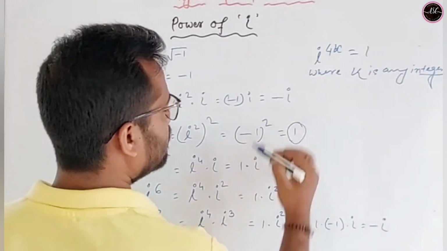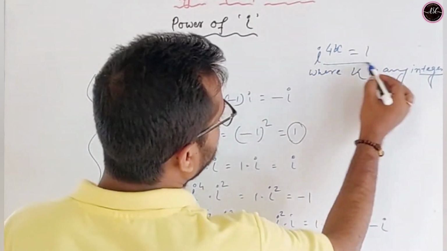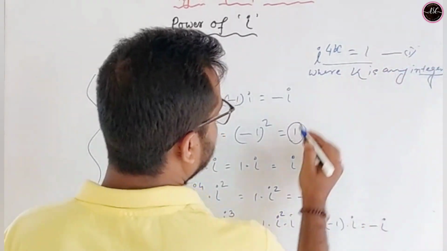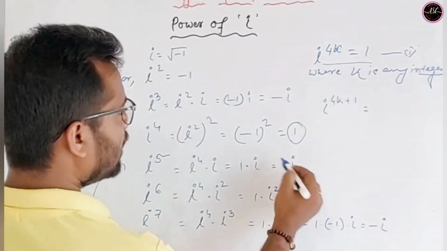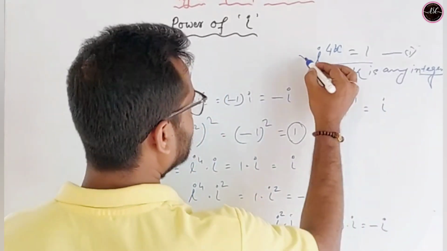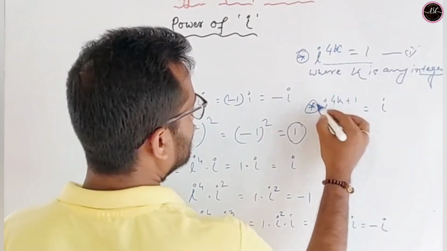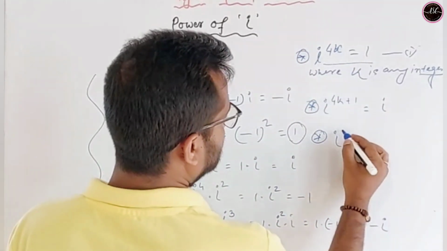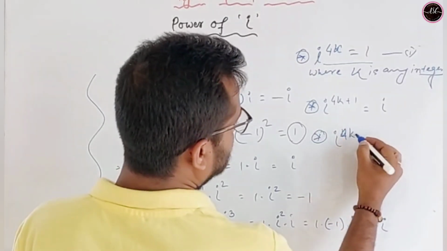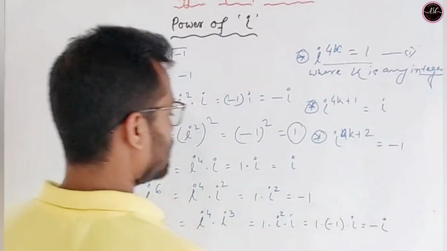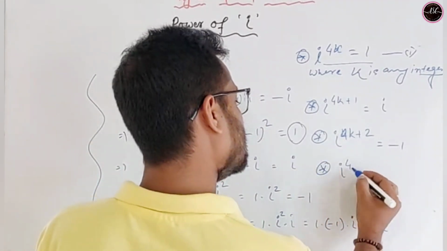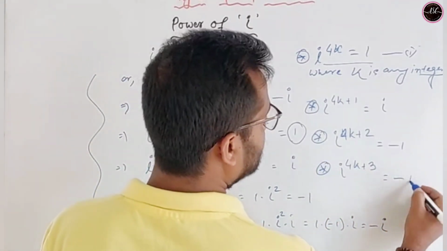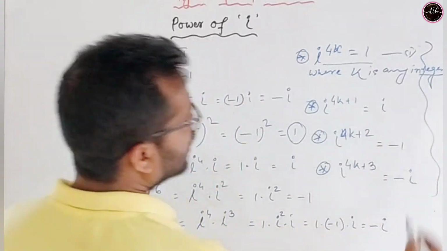Okay, this is formula number 1. And if there is I to the power 4k plus 1, the value will be I. If I to the power 4k plus 2, then the value will be minus 1. And if I to the power 4k plus 3, the value will be minus I. So these four formulas should be remembered.